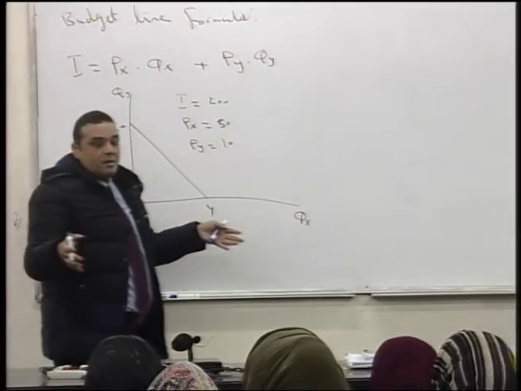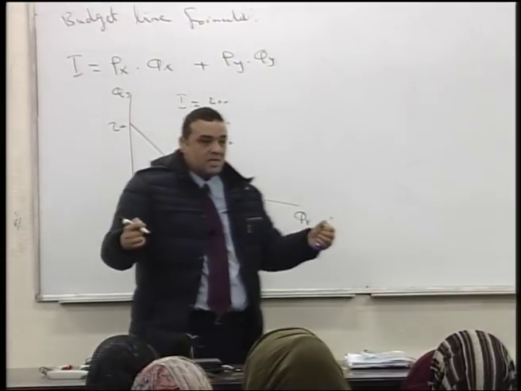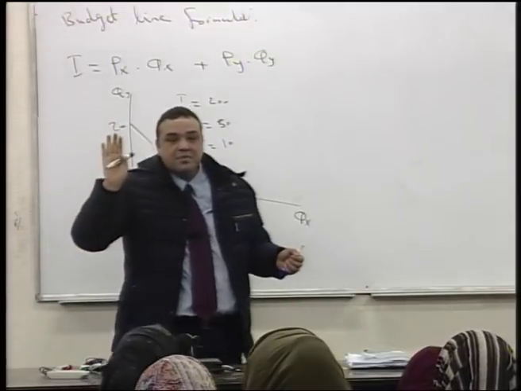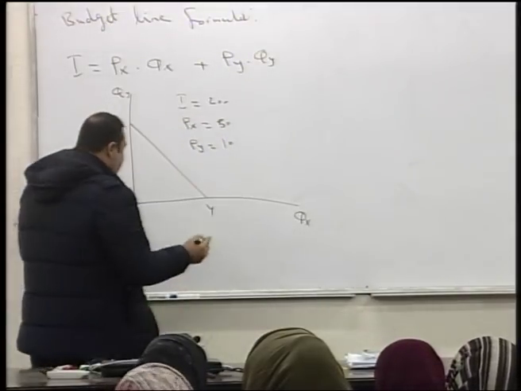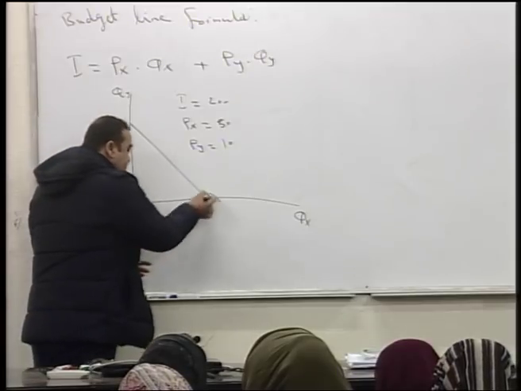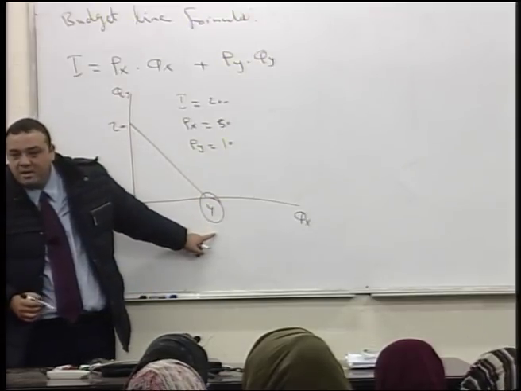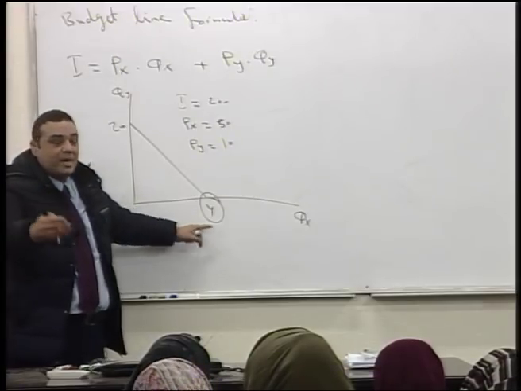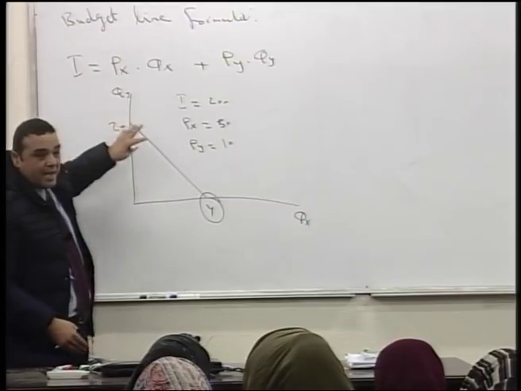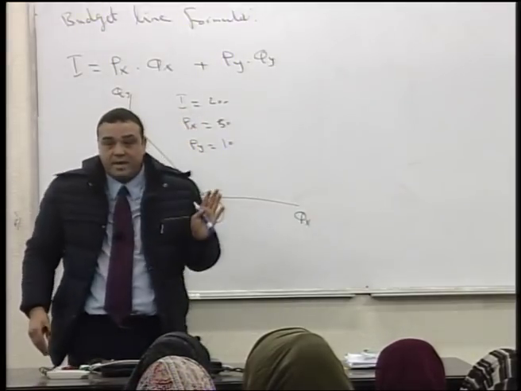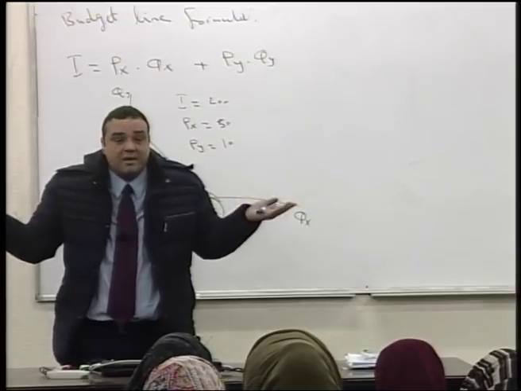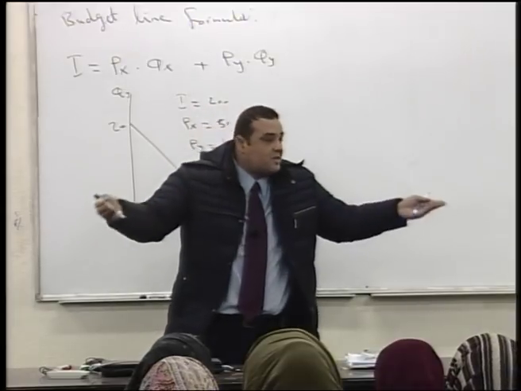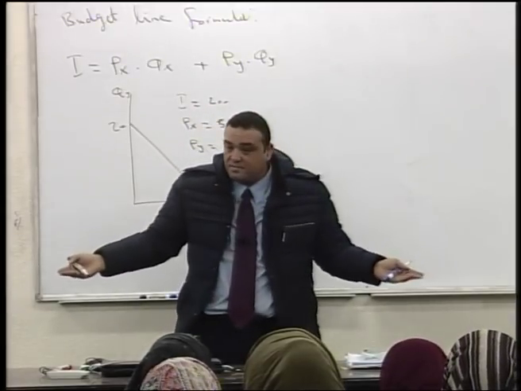The consumer can allocate his income to buy two products, X and Y. If he wants to buy only X, he can buy 4 units. If he allocates his income to buy only Y, he can buy 20 units. But in general, the consumer will allocate his income to buy different goods.